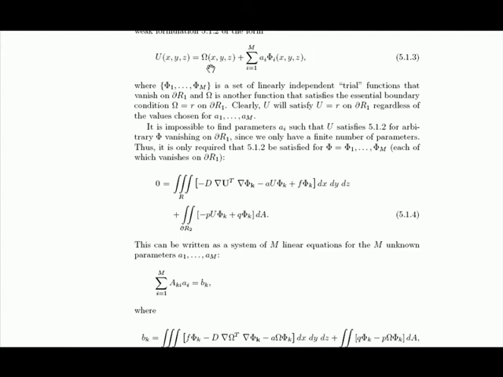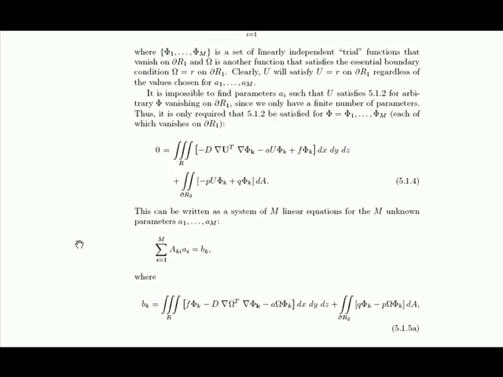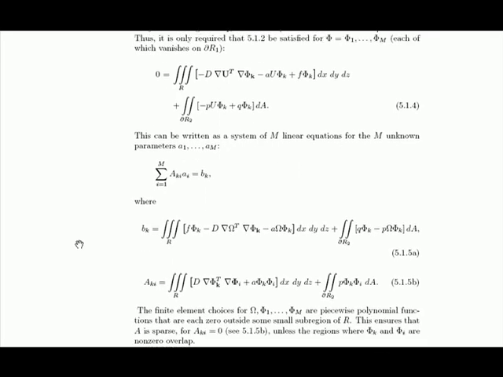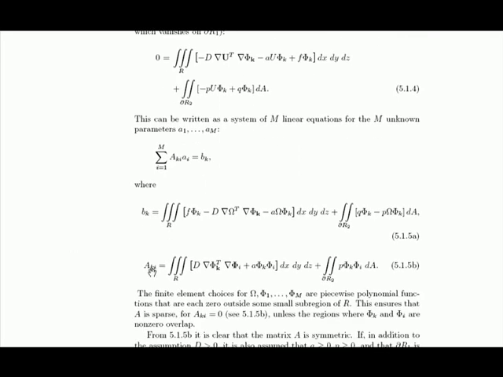Of course, we could choose the omega and the phi i to be any functions we want which satisfy omega equal to r on del r1 and phi i equal to 0 on del r1. But in the finite element method, we want to choose the phi i and the omega so that A is sparse. Otherwise, we have to solve a full linear system, and that's not good. So we're always going to choose the phi k such that they have small support.